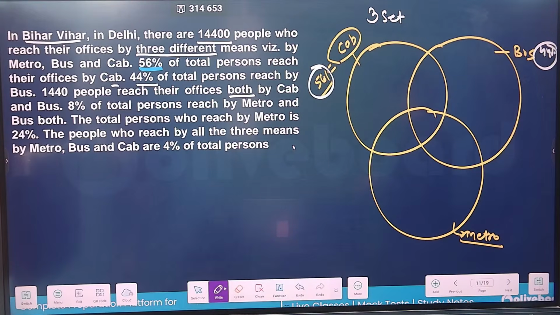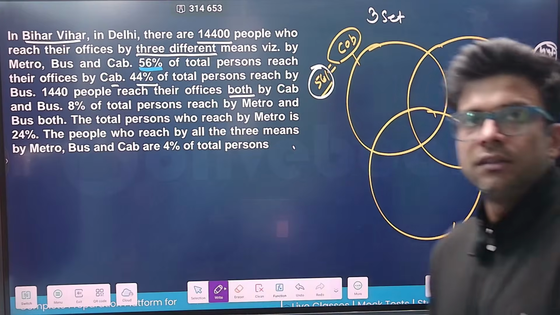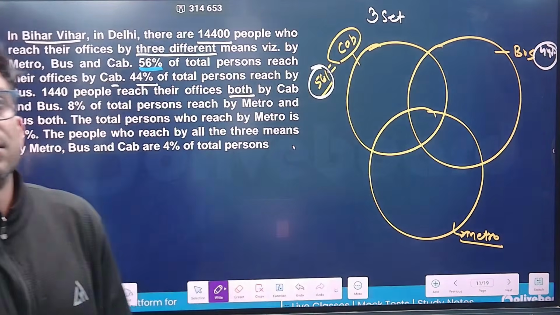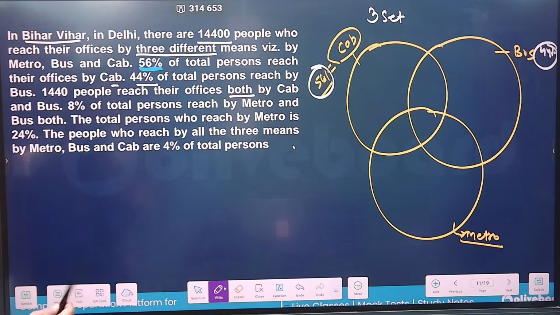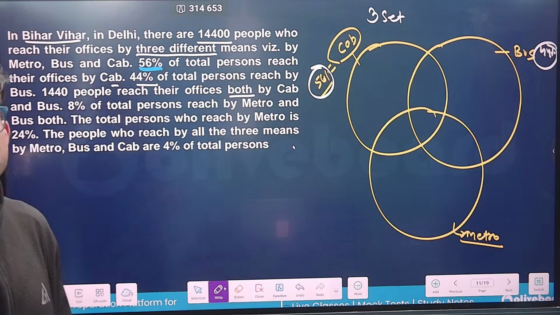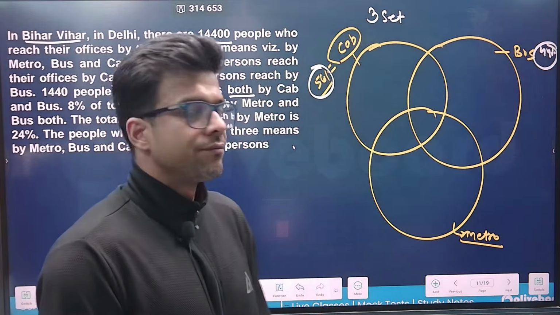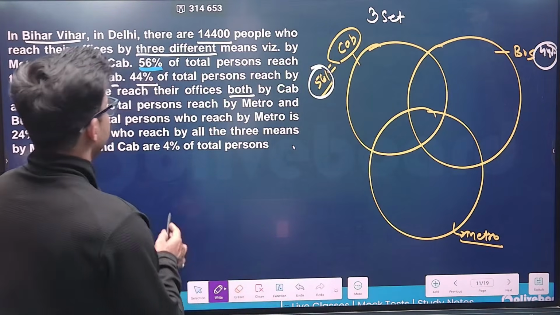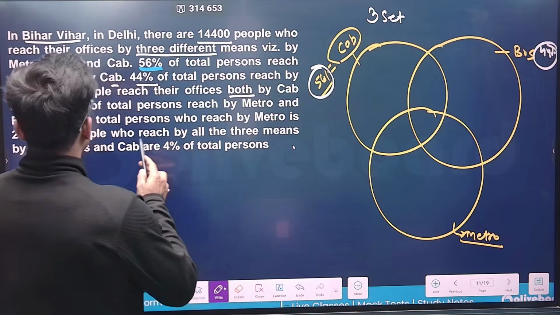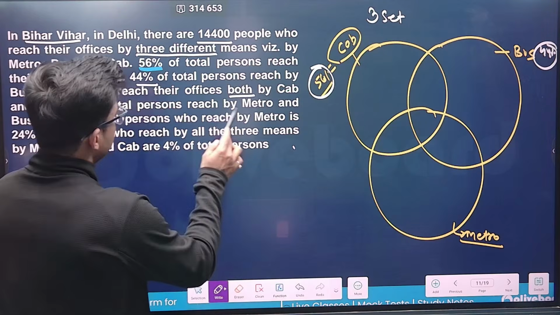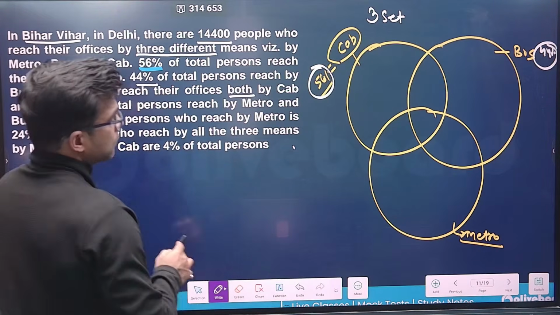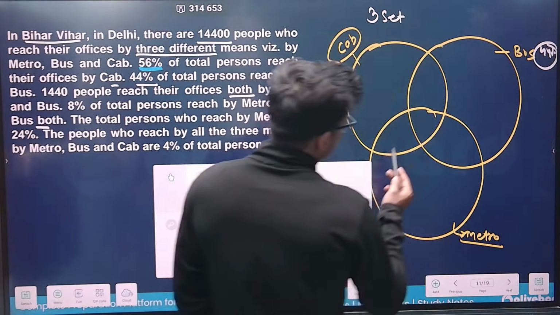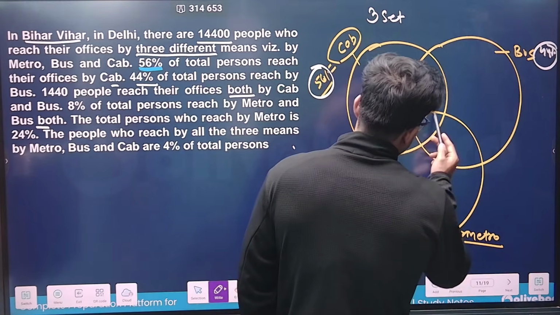This is how you can represent the data and understand it. Come on everyone, please try this. Now see, 8% of the total persons reached by metro and bus both. So can I say this whole part is basically 8%.